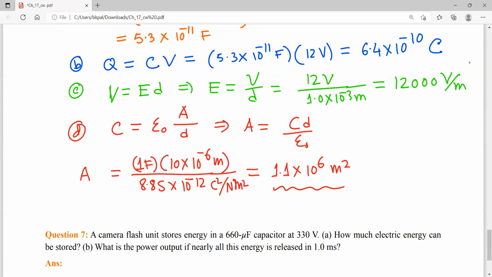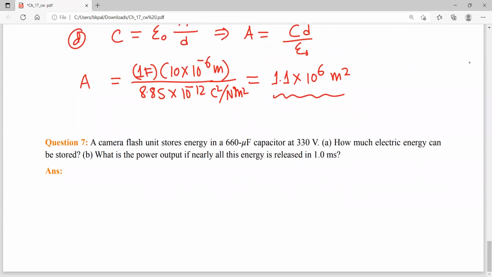Having a capacitor whose area is one square kilometer is very unphysical. That's why when you buy a capacitor, you will see that it's written on the order of picofarad, microfarad or nanofarad, something like this.